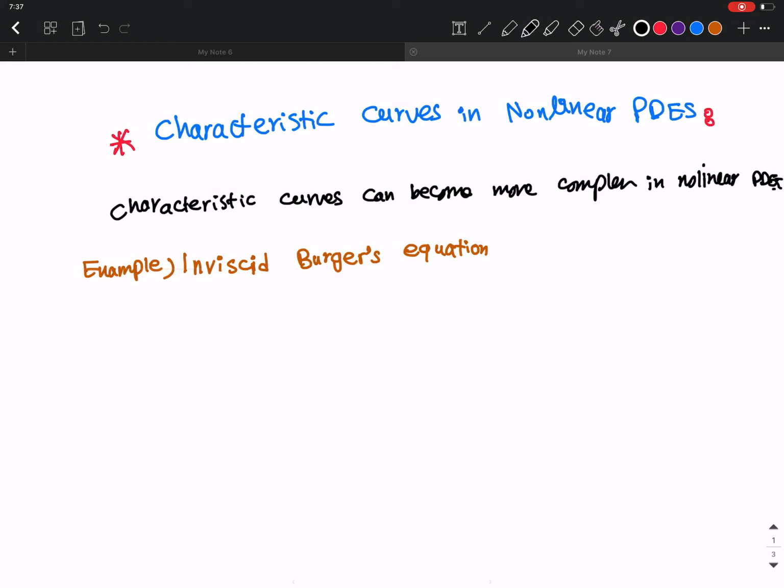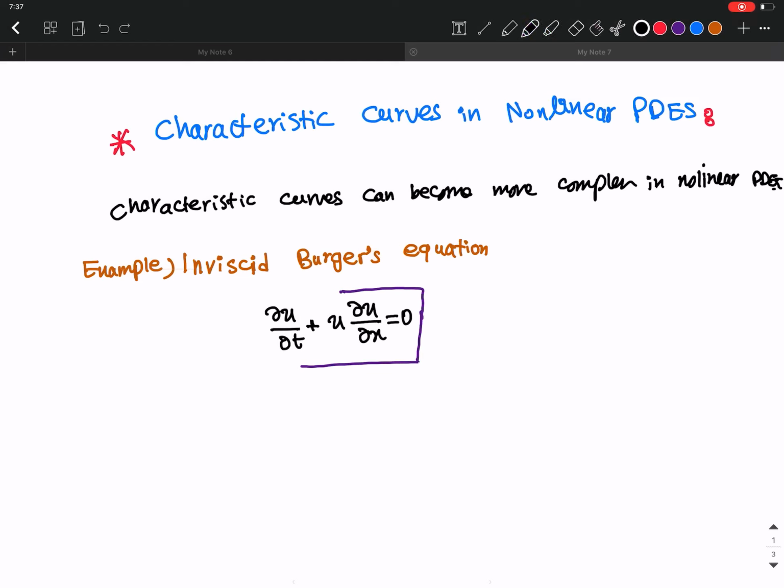The equation is partial u over partial t plus u partial u over partial x equals to 0. Okay, so as you see, this is a nonlinear equation because of the second term here, right? Because we are multiplying u by partial u over partial x, so it becomes nonlinear.